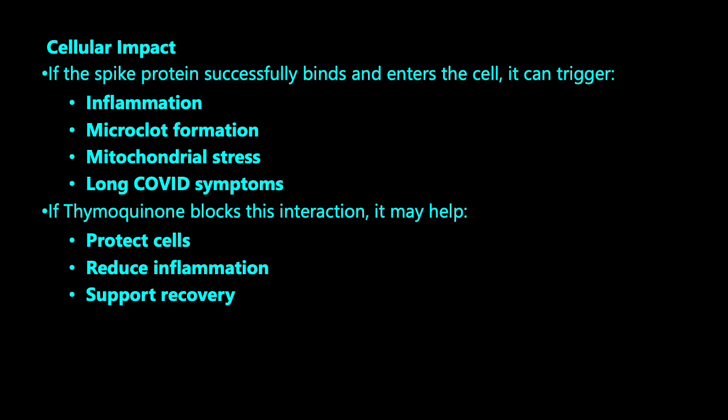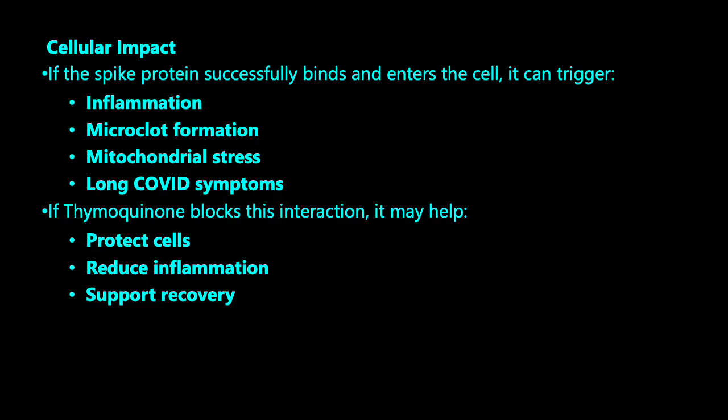The cellular impact, okay, impact on the cells due to spike protein are inflammation. They can cause inflammation. When the body is inflamed, there are a lot of side effects, a lot of problems to the body, okay, which we don't want. Microclot formation, it helps to form microclot because of the damage to the endothelial system.